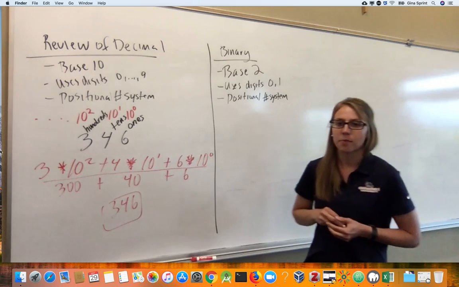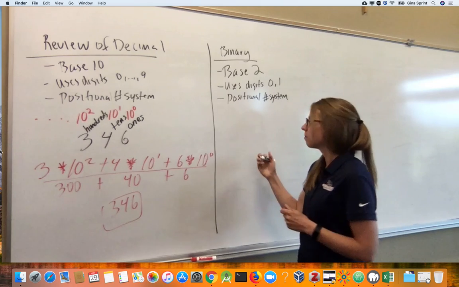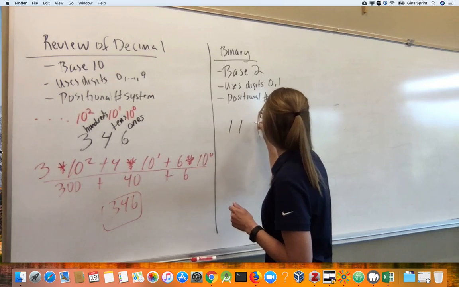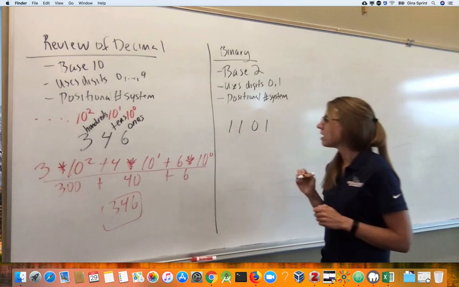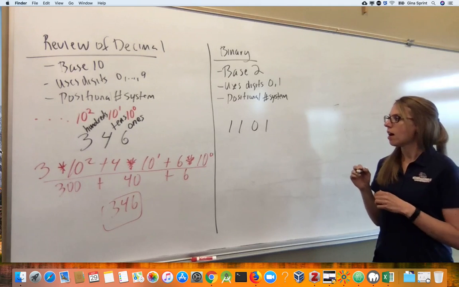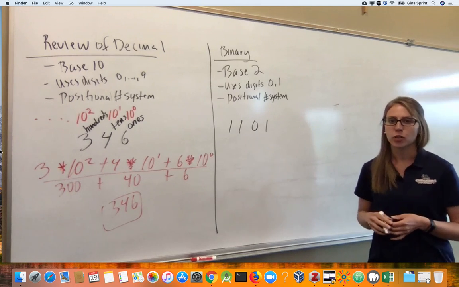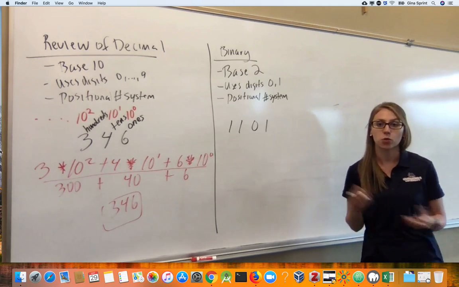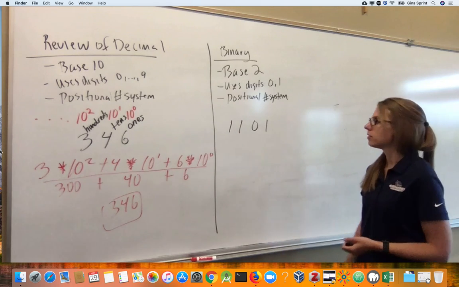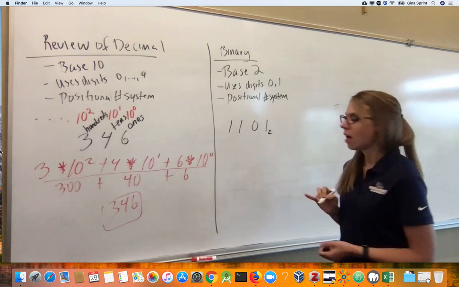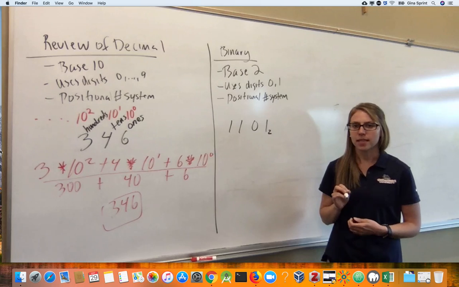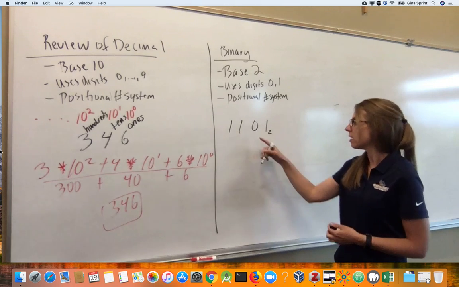So let's say, for example, I have the number 1101. Now, unless I tell you this is binary, you might think this is the decimal number 1101. So typically we put a little number denoting the base in the bottom right part of the number.